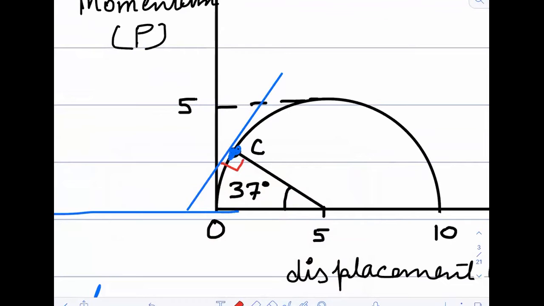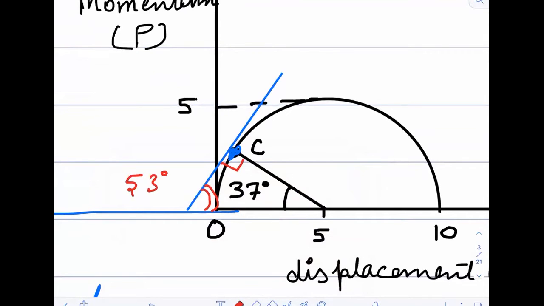So what will be this angle? This will be 90, and if this is 90 and this is 37, what will this angle be? Will this angle be 53? Yes.